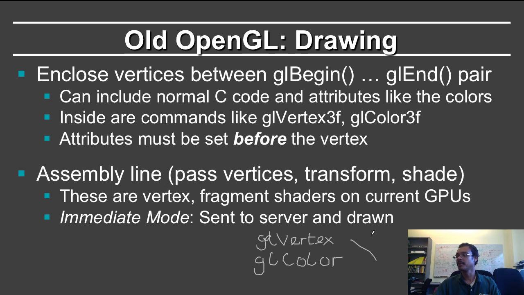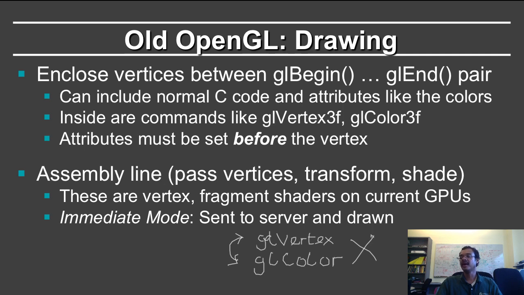In fact, per OpenGL conventions, this is wrong. What you should really do is define the color before you define the vertex. The reason for that is that old style OpenGL is really a state machine. Therefore, it reads the current state, and you need to set the state before you call the glVertex command.